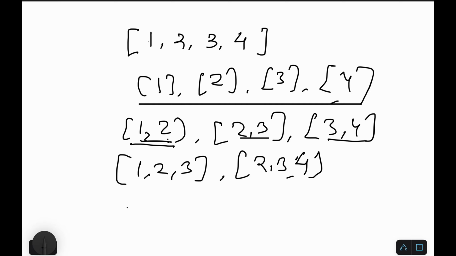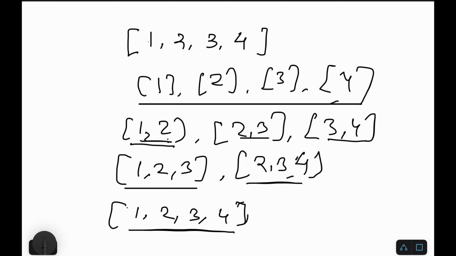Here we are talking about three elements at a time: 1, 2, 3 and 2, 3, 4. Both are maintaining their order and are contiguous. Also, 1, 2, 3, 4 is a subarray too. A subarray always has a contiguous sequence and maintains the order.